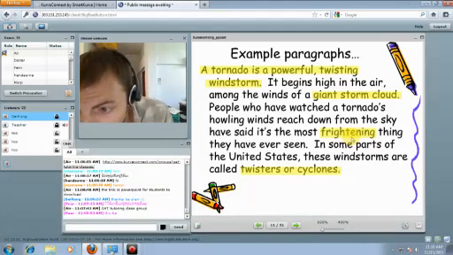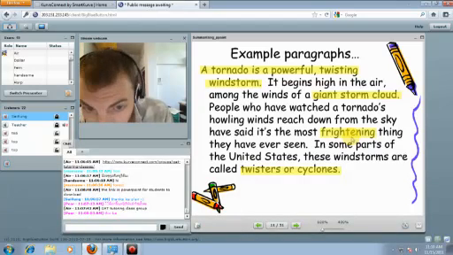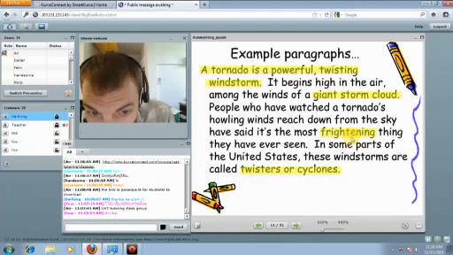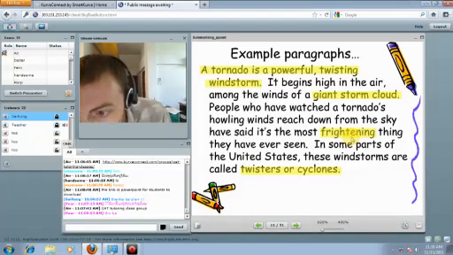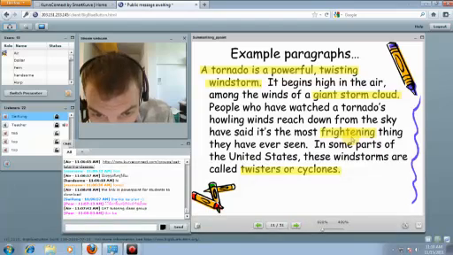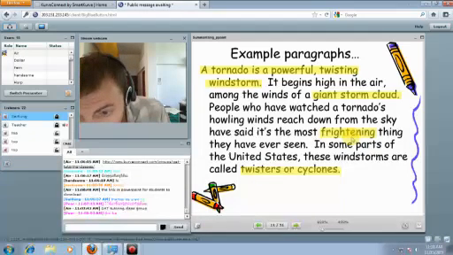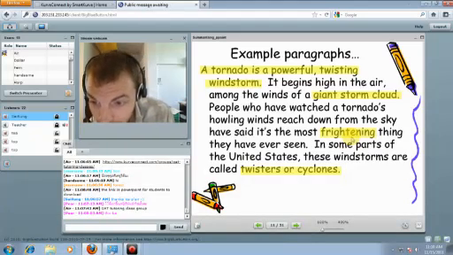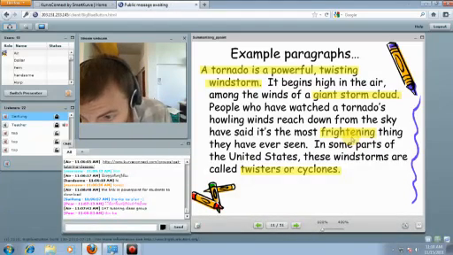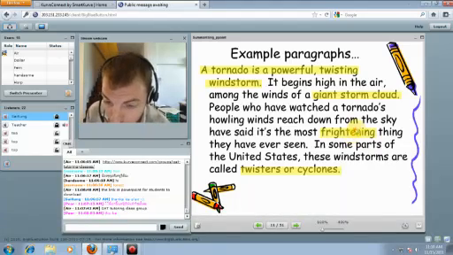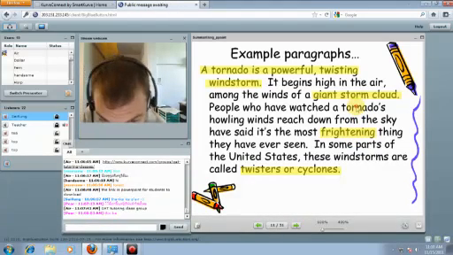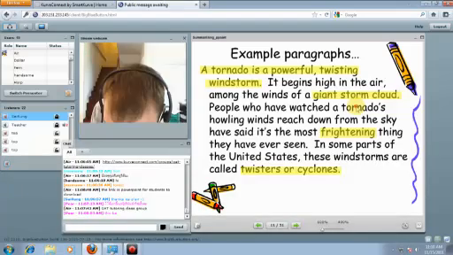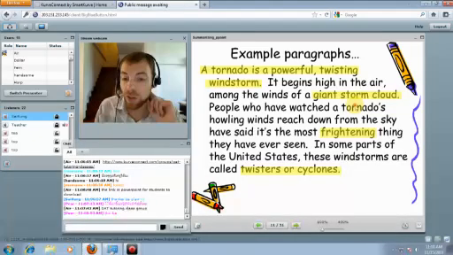People who have watched a tornado having winds reach down from the sky have said it is the most frightening thing they have ever seen. In some parts of the United States, the windstorms are called twisters or cyclones.